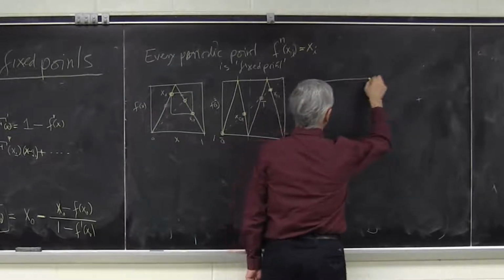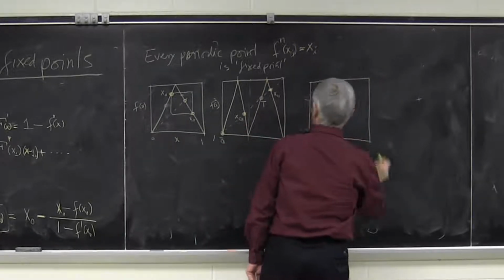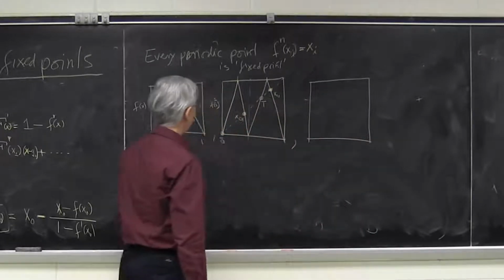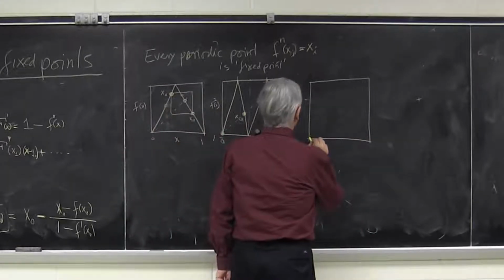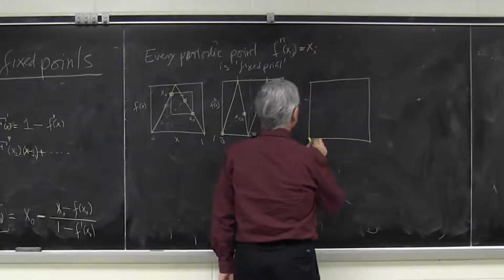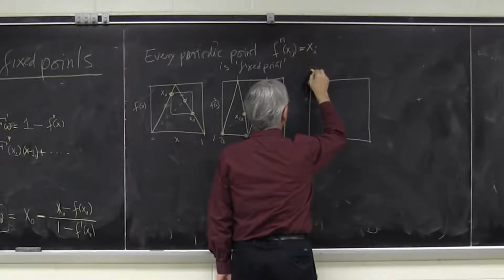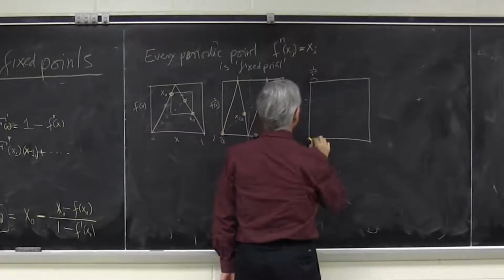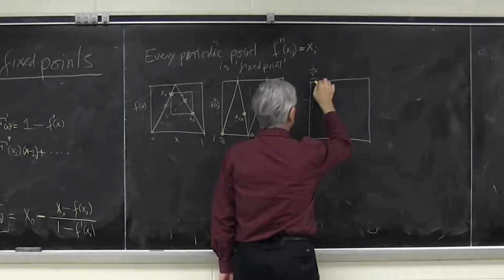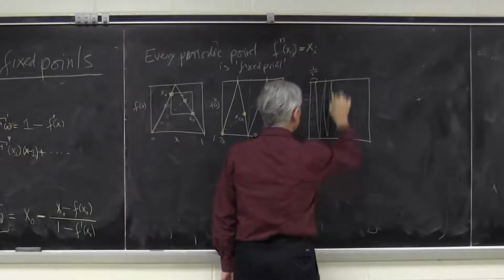So I want to find, you know, this one won't be able to draw, but if I go to the nth cycles, this interval will be 1 over 2 to the n. So it's going to be very steep, and it's going to look like this map.